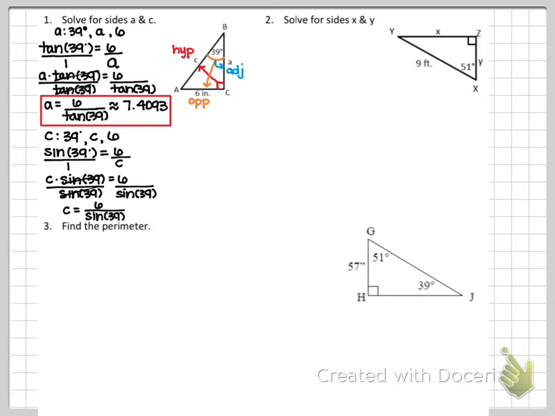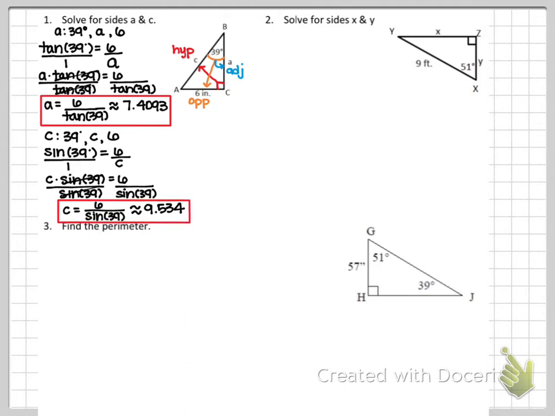I'm going to do a quick check on this. Now my expectation, because C is the hypotenuse, is that it is going to be the longest side. So 6 was one of the sides. The other side was 7.4093. So I expect this to be bigger than both of those, which it is. So if I plug this into my calculator, I'm going to get 9.534. So that is C.